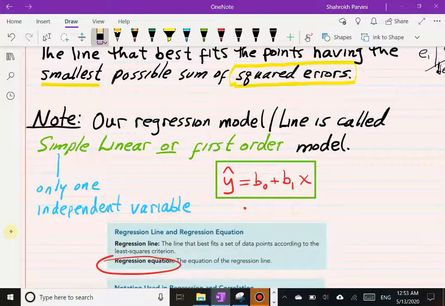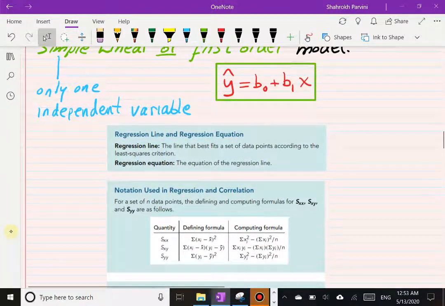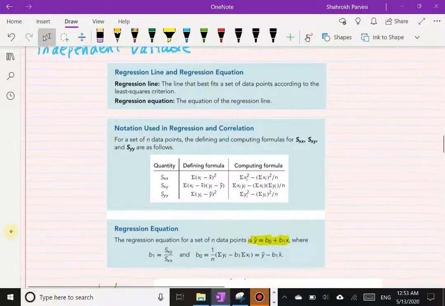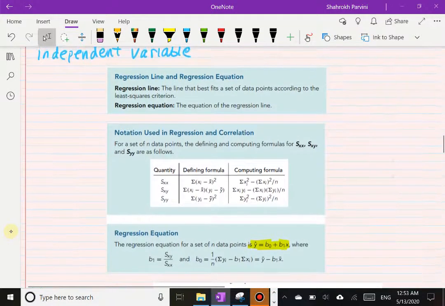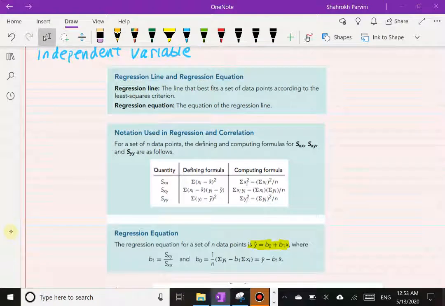And let's see the next idea here. Oh, the notations. Now, I'm showing you this just for completeness. But as I promised, we're not going to do this by hand. We're going to use StatCrunch to do this. But I just want to show you how this goes. It does involve a lot of sigmas or summation notations here.